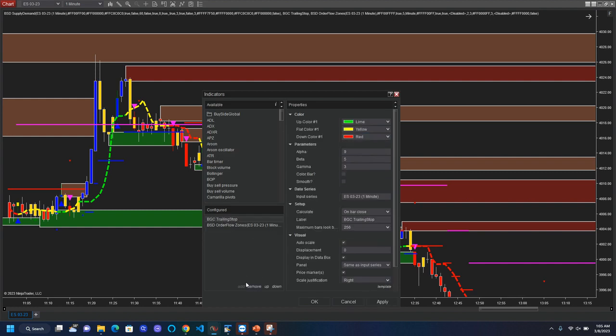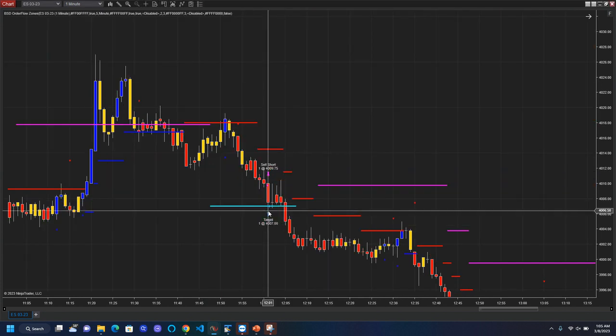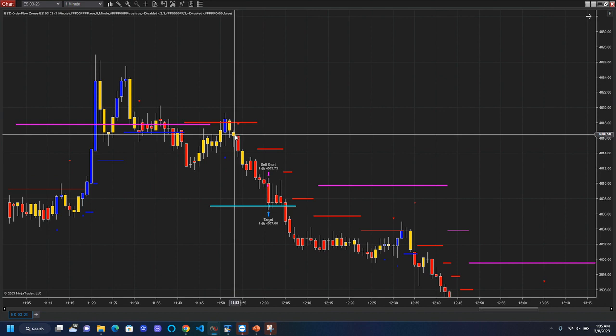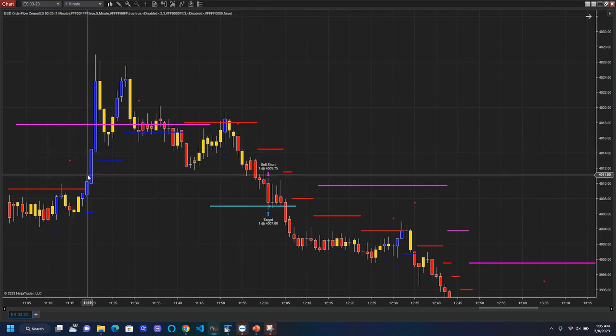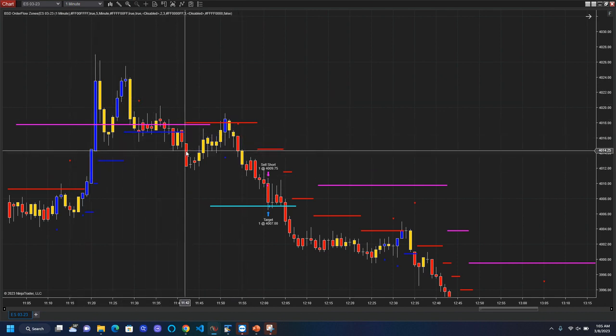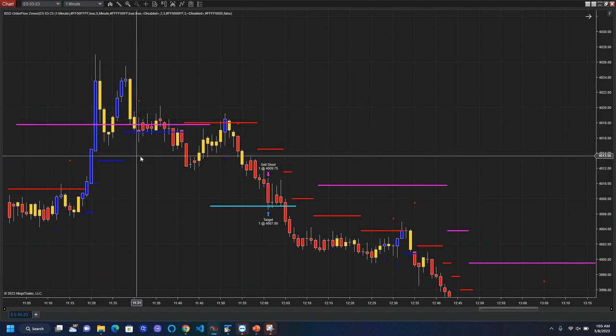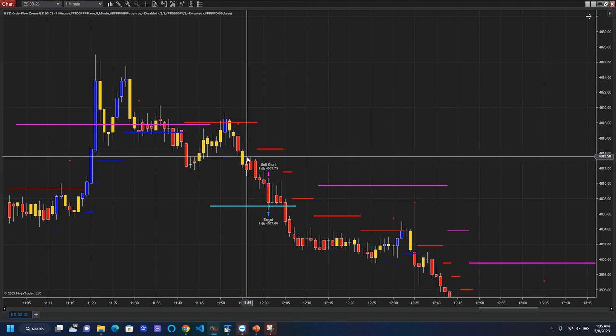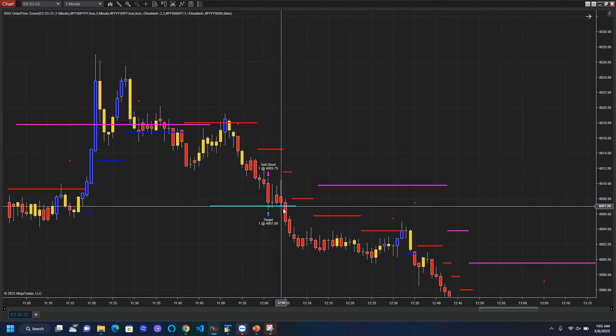I'm going to remove both. Okay, you can see the bar. Before we had green and red, now you have blue, red, or yellow. So clearly this indicator shows you the trend.